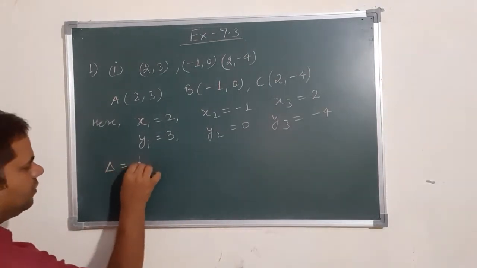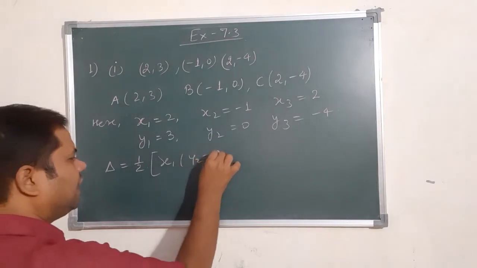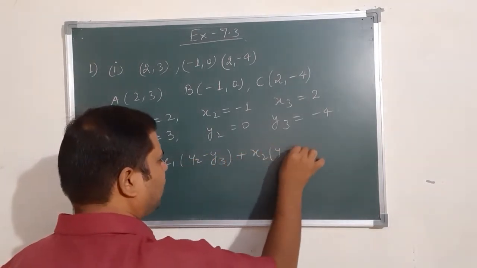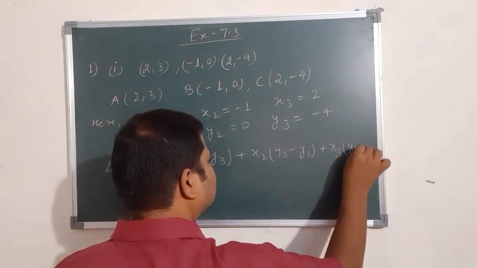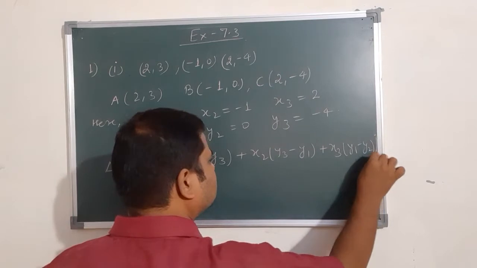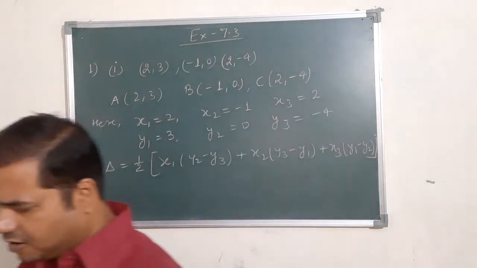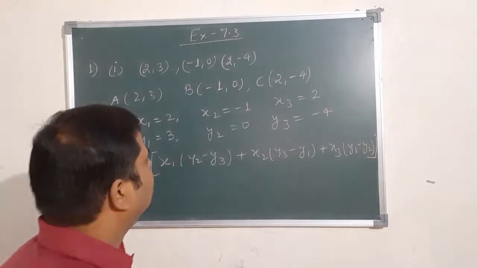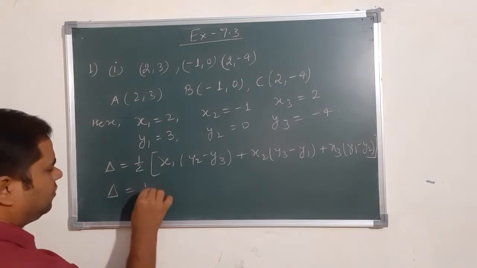Delta is nothing but 1 by 2 x1 (y2 minus y3) plus x2 (y3 minus y1) plus x3 (y1 minus y2). So this is the area of triangle. So put the value of x1 y1, x2 y2 and x3 y3, we will get the value of area of triangle.